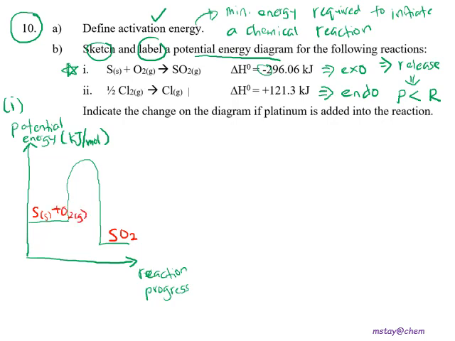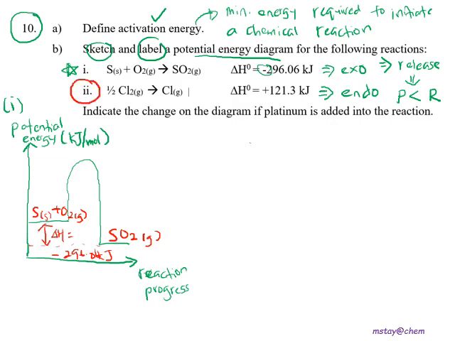Don't forget the physical states over here. Then, because they give us the delta H, you have to label this value over here. Delta H is equal to negative 296.06 kilojoule.